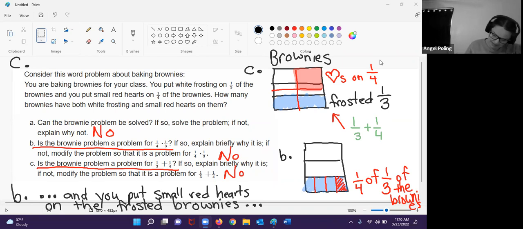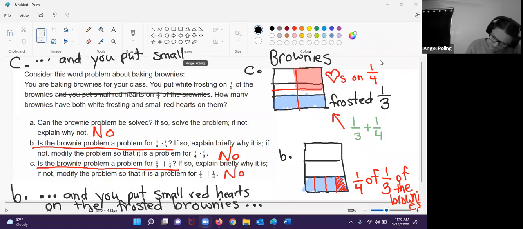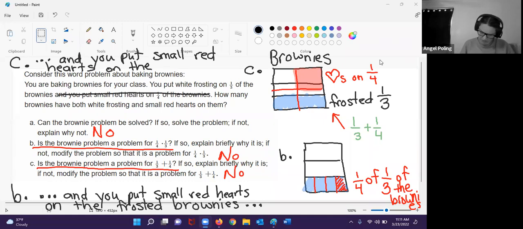So we're going to say, same place, I think we're going to cross this out and say, and you put small red hearts on the, oh wait, I just noticed, and you put small red hearts on 1/4 of, right?